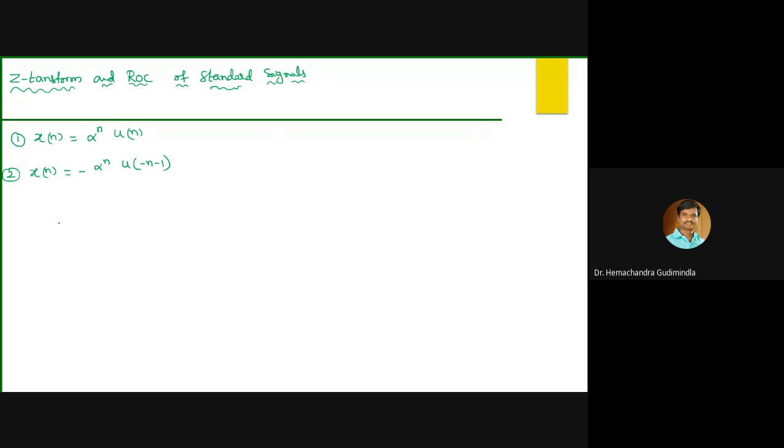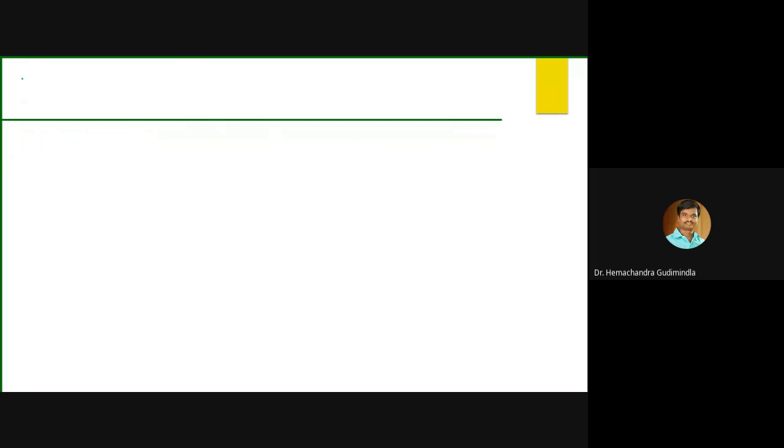Now we need to find the solution for these two problems. The first one, I will write it here: x of n equals alpha power n into u of n. Now what is the Z transform of x of n?